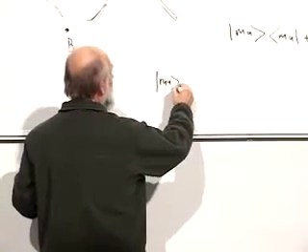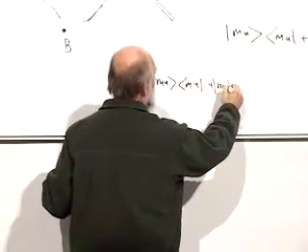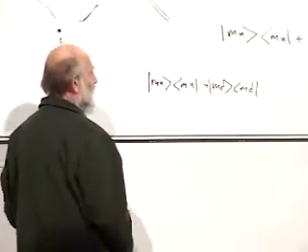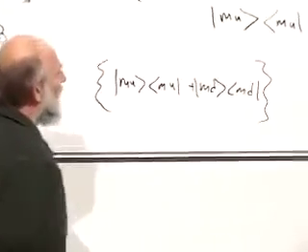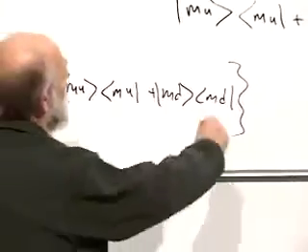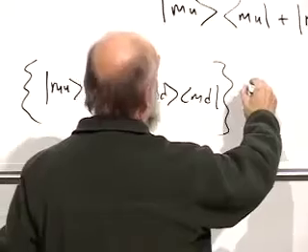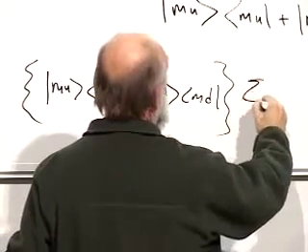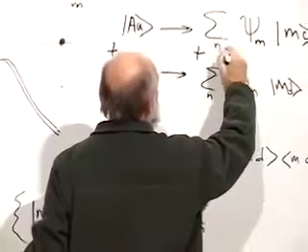M up plus M down, that's the projection operator. Let's put something around it. Now we take the state vector. The state vector is the sum on n.